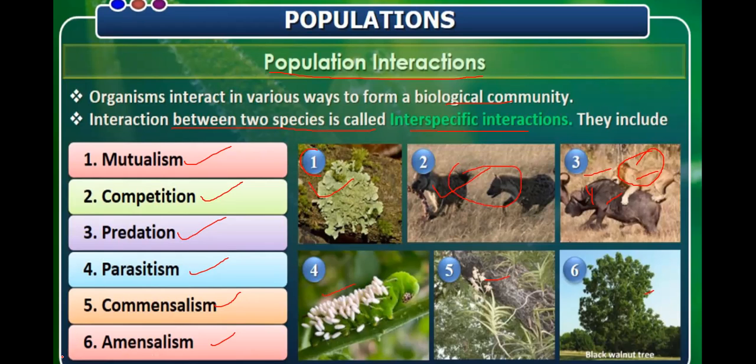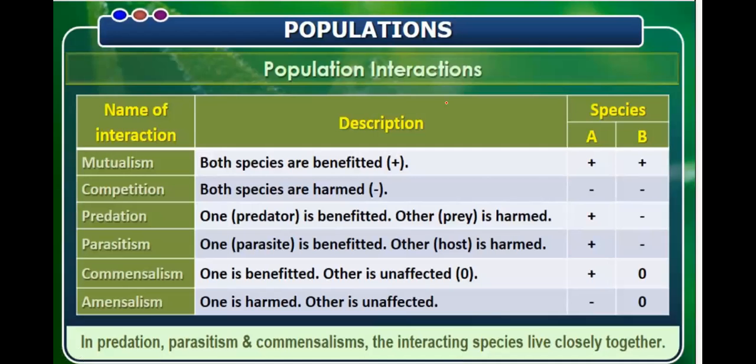So we'll be discussing one by one what mutualism is, what competition is. In population interaction, in mutualism, suppose there is species A and species B. Here, both species are benefited. When these species A and B are interacting, they both are benefited. In competition, both species are harmed. When two species are interacting, both will be harmed.